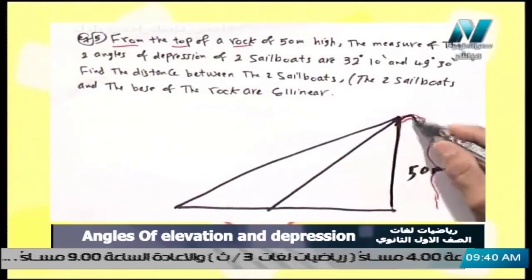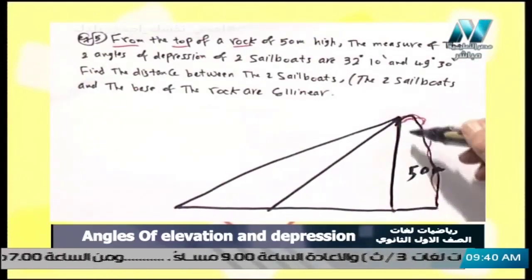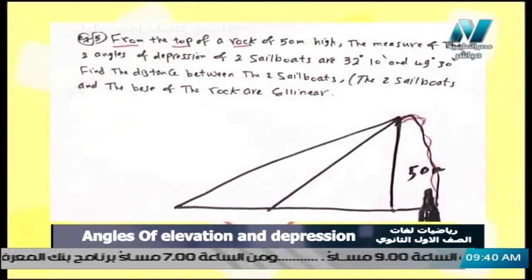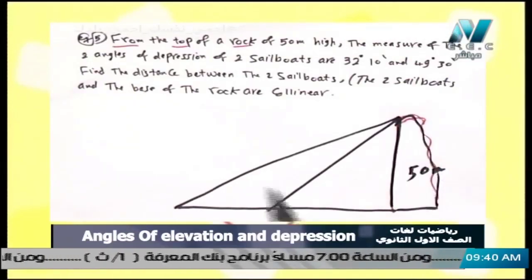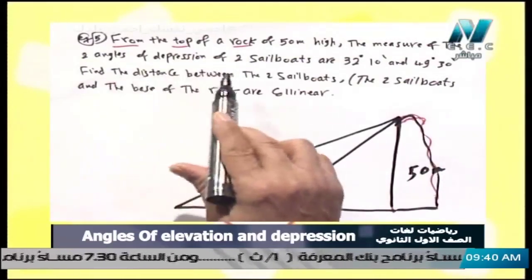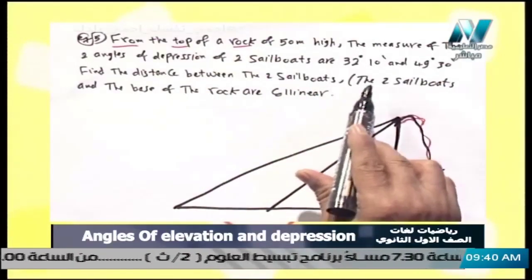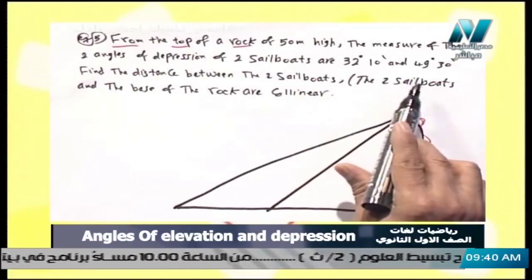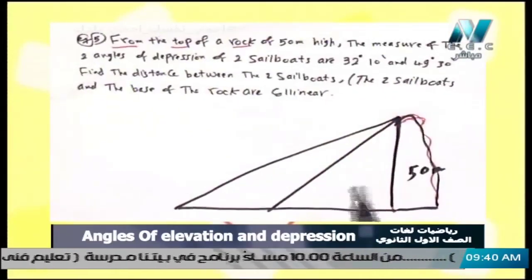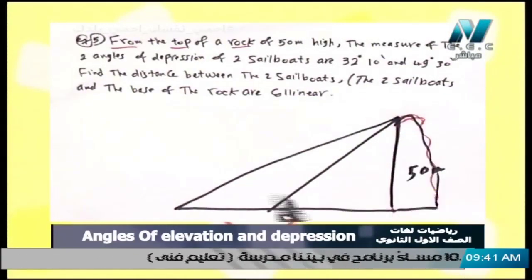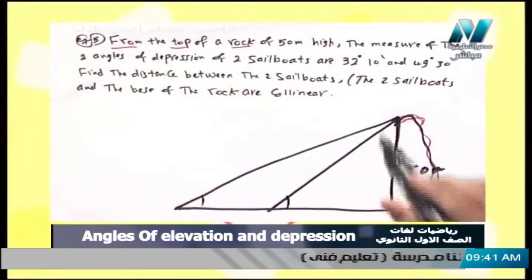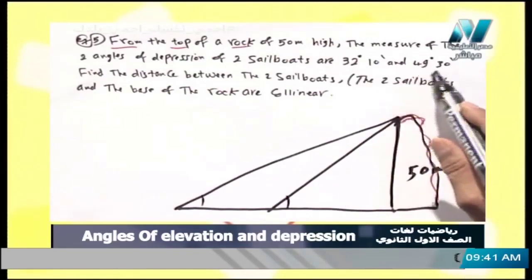We have a rock here, this rock of height 50 meters, and we have two angles of depression of two sailboats, which are 32:10 and 49:30. So choose with me which of these two angles will be 32:10 and 49:30.